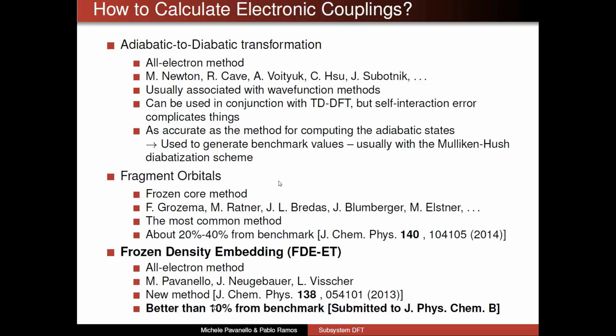You don't know this method yet, but we have submitted a publication showing that this method is better than 10% accurate on this benchmark set, with almost all functionals that you can use. However, some functionals work better than others.